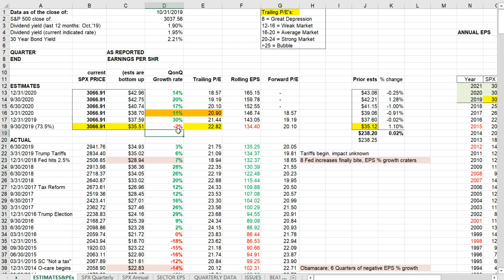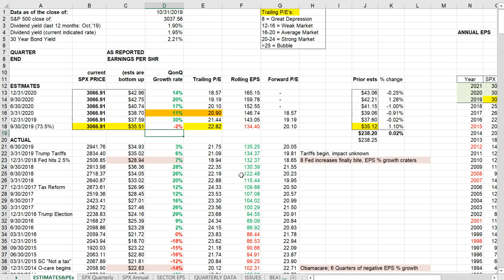But the good news is the Fed is grudgingly lowering rates, and now the market's starting to accelerate. With this forecast here, this minus 2% is probably already in the rearview mirror. Now that the index is 73% reported, we know it's a known. Now we can hit the gas and get into this double-digit percentage growth.